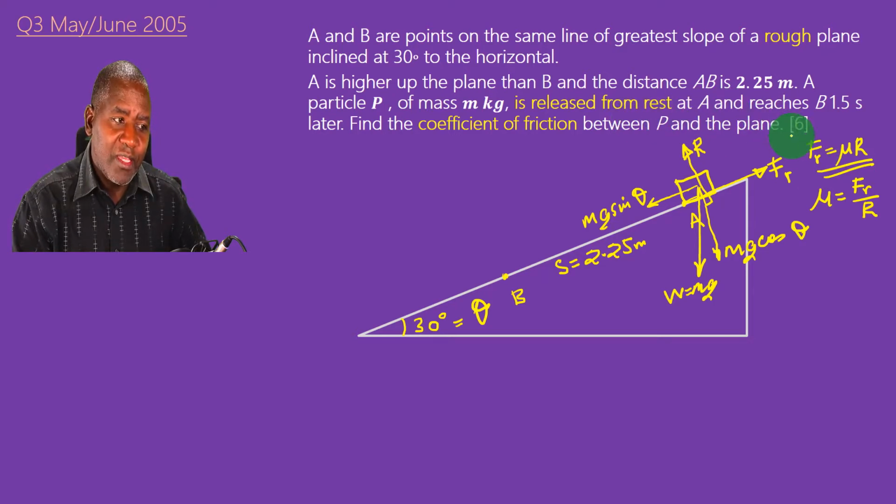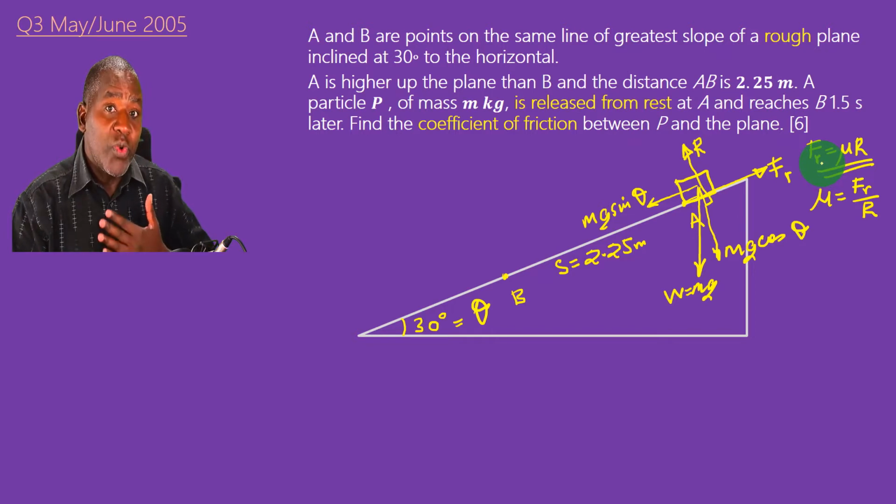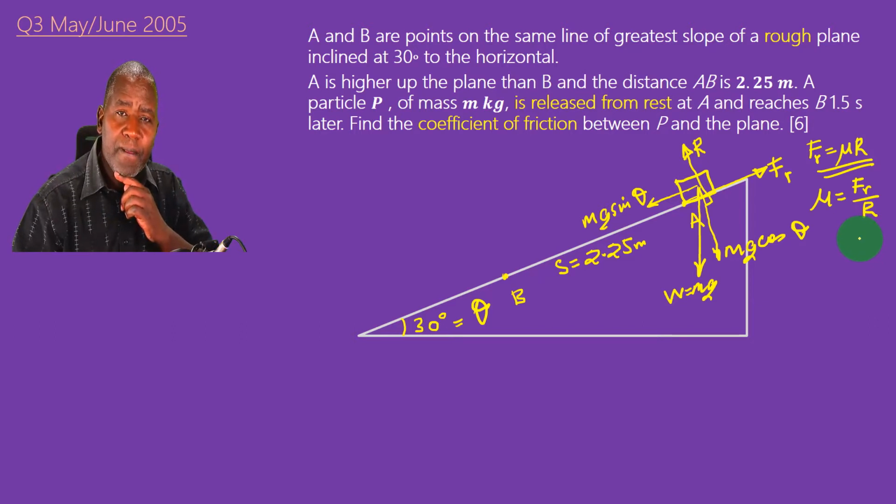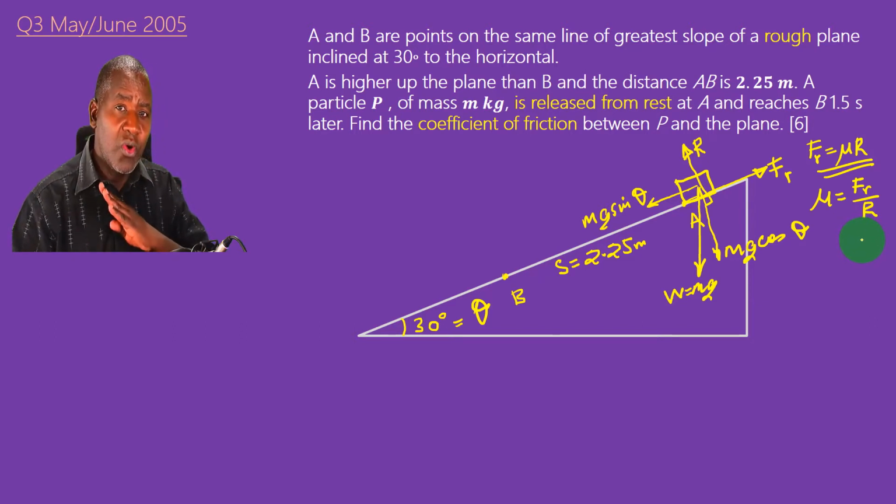So definitely this is some form of situation when I use Fr equals mu R. There are two situations: limiting equilibrium and when the object is already in motion. That is when I use this equation. And when I look at what I've been asked to calculate, it's mu. So I think about this. That is one of the ways of knowing what to write down on the question paper.